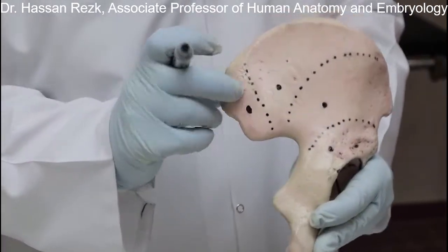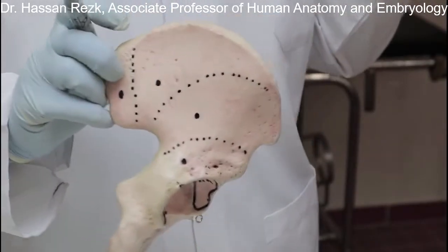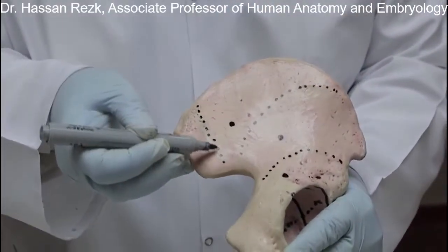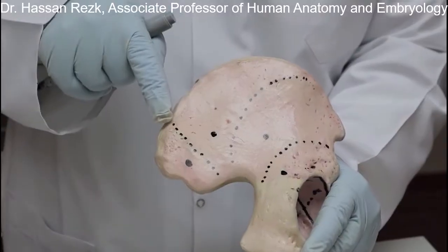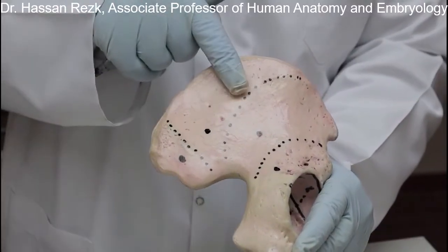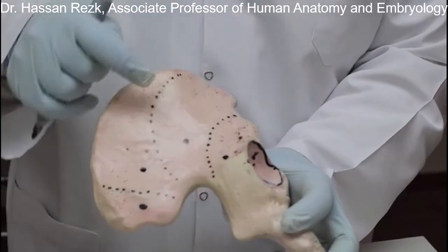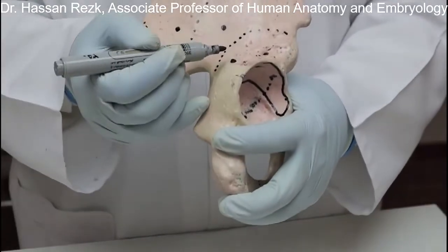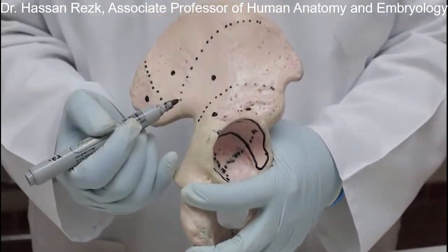This area lies behind the posterior gluteal line, this area lies between the posterior and the middle gluteal line, this area is between the middle and inferior gluteal line, and this area is below the anterior or inferior gluteal line.